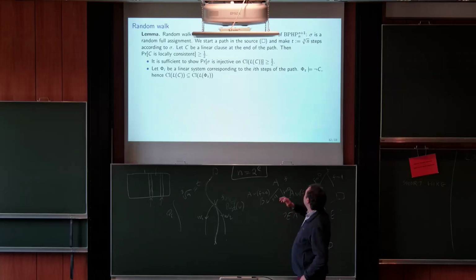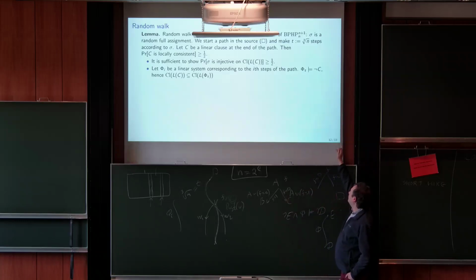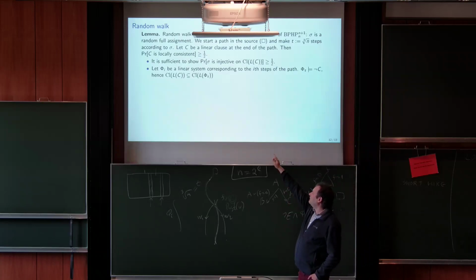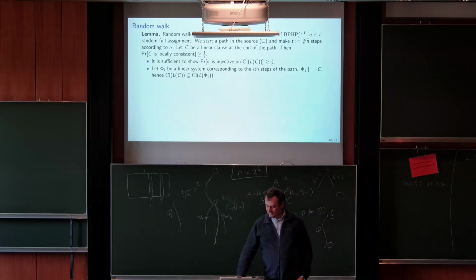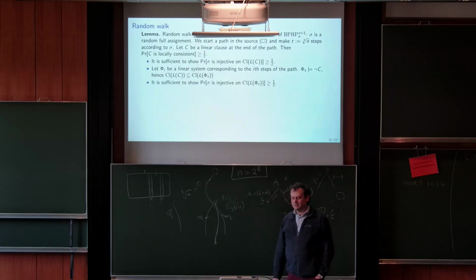And since t_i semantically implies the negation of C, the closure of the linear forms of C is the closure of the forms of t_i. And hence it is sufficient to show that the probability that sigma is injective on this closure is at least 1/2.